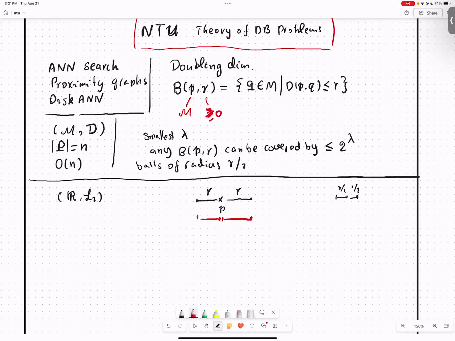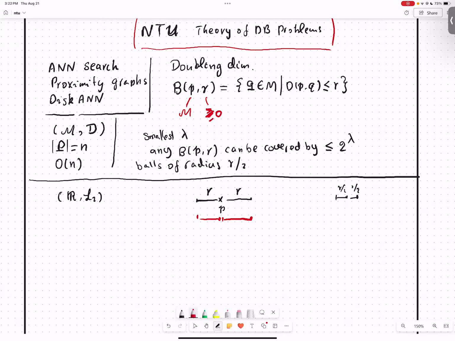And I told you before, a ball of radius r by 2 is simply an interval of length r. So now essentially the question is, I give you an interval of length 2r. Can you always cover it with 2 intervals of length r? And the answer is clearly yes.